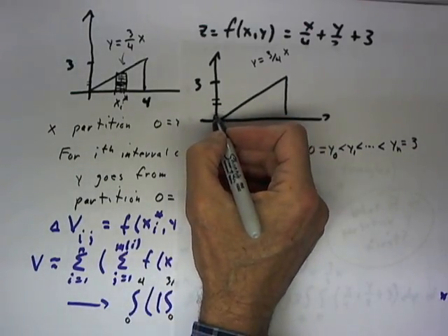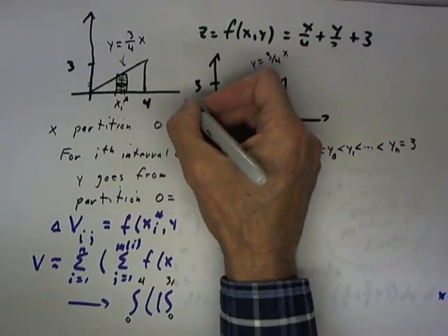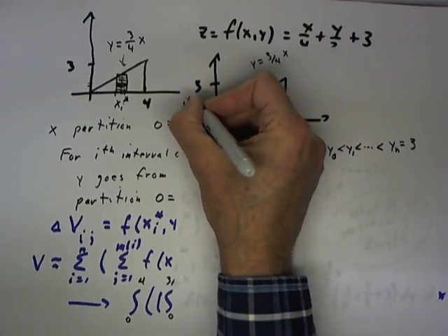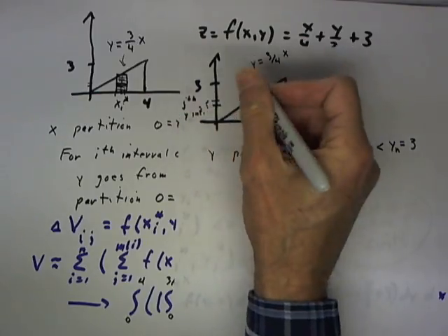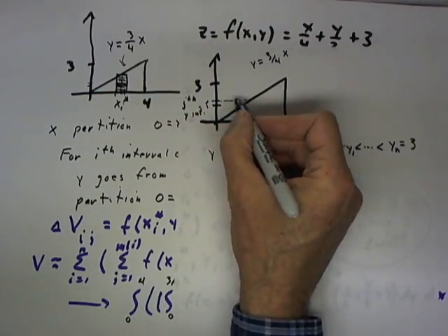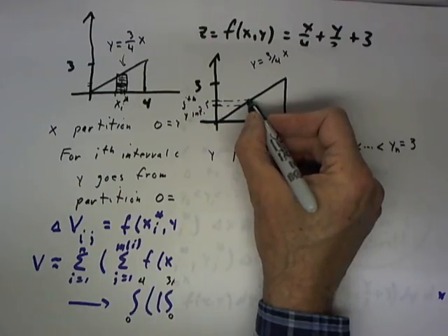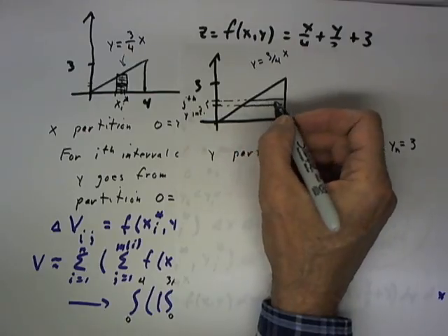We have our typical interval, and we'll call this the jth y interval. Here we're going to have a sample point, and the region of our triangle is going to run between these two lines.